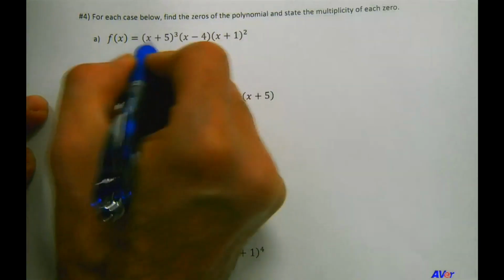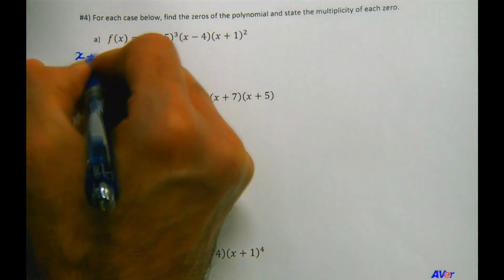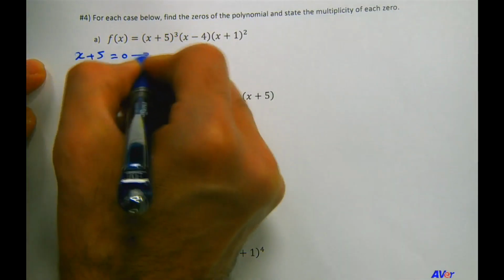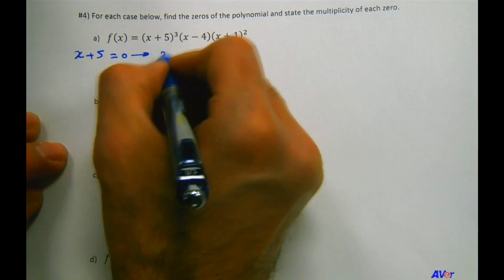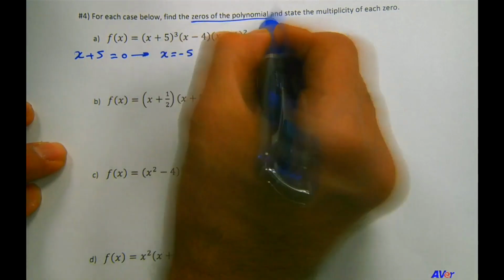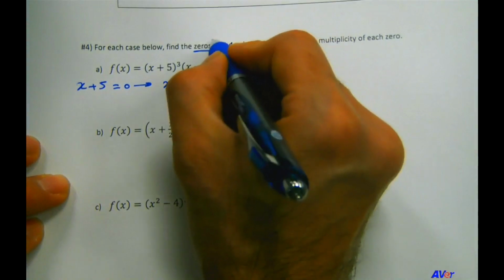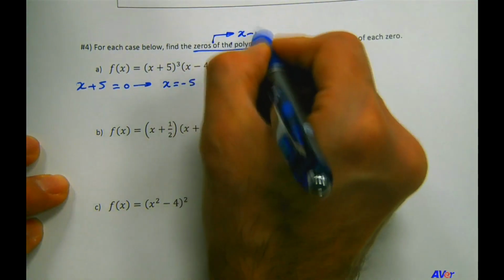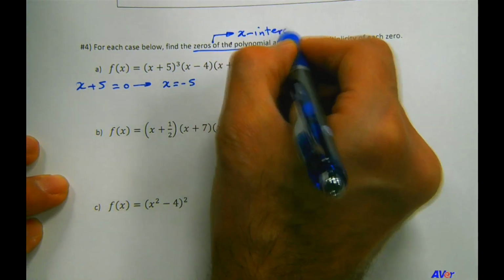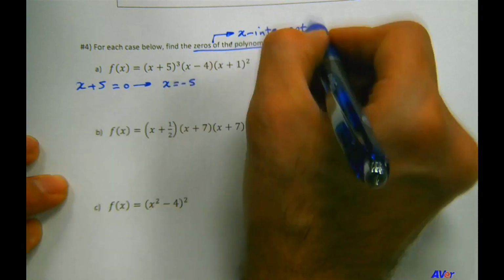Okay, so the zeros here, we know that x plus 5, if we set that equal to 0, then x equals negative 5 is a zero of the polynomial. Okay, so let me just put here zeros of the polynomial. That means the x-intercepts. That's another name for it, x-intercepts.